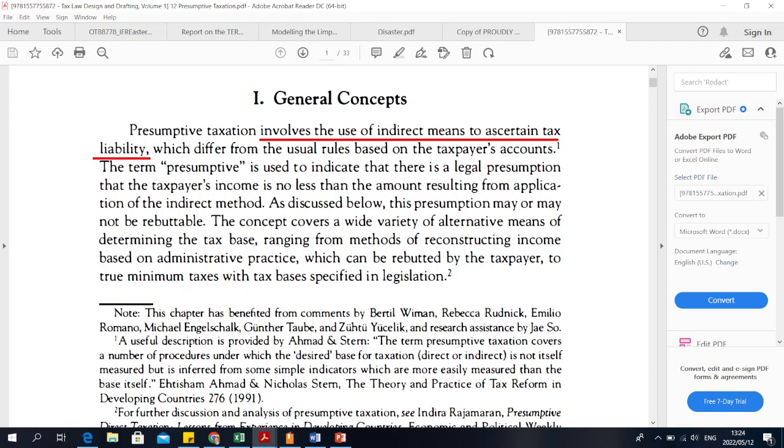So what does that mean? Then this author has another quote from another source which is really clear. The term presumptive taxation covers a number of procedures under which the desired base for taxation is not itself measured, but is inferred from some simple indicators which are more easily measured than the base itself.